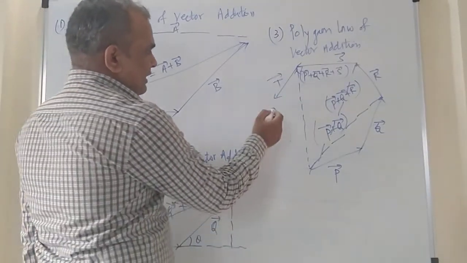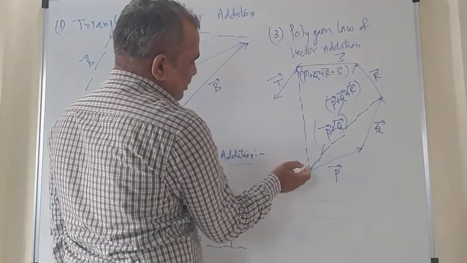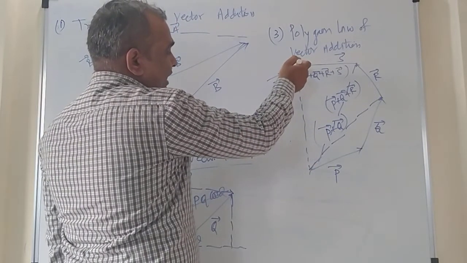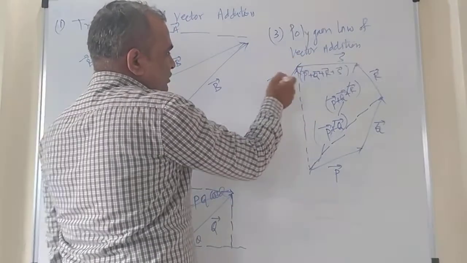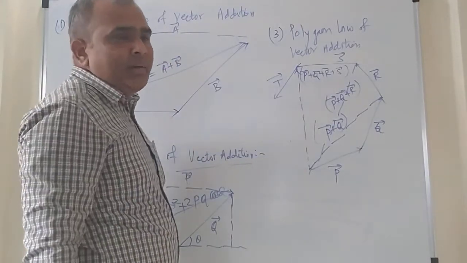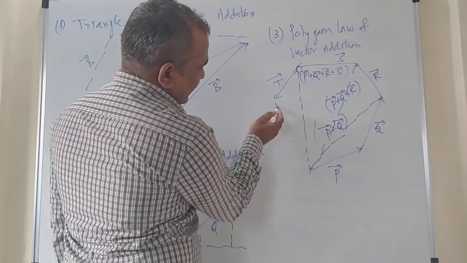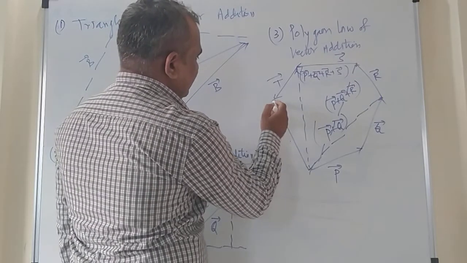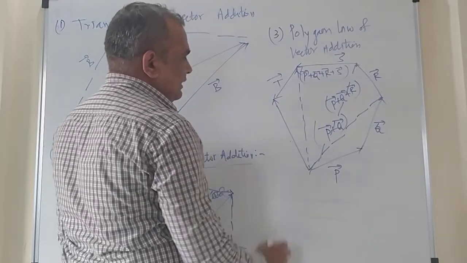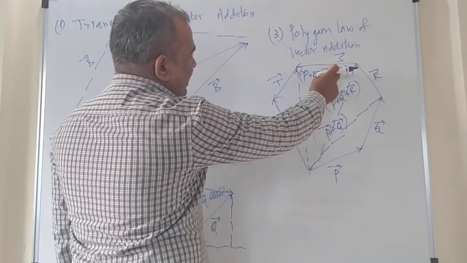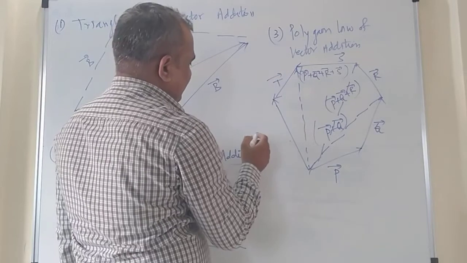And the last one is in the opposite direction, because this is one direction, and in order with this direction you have the next vector T bar. Now the resultant of these will be in the opposite direction, so the opposite direction is this. So this will be the resultant of P, Q, R, S and T vectors.